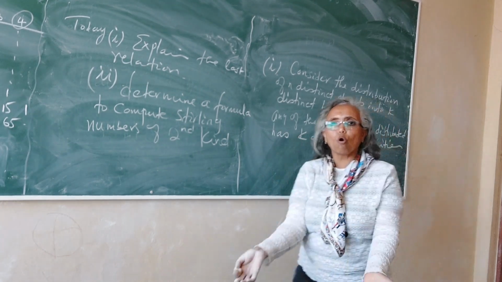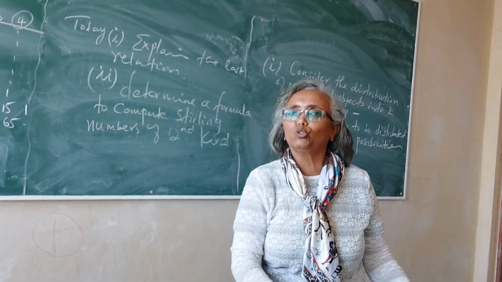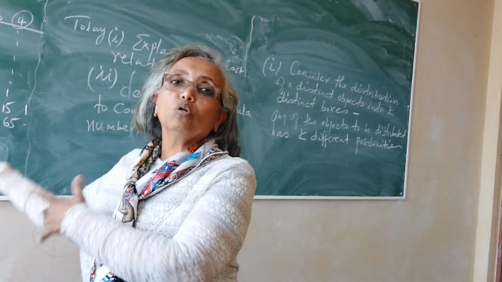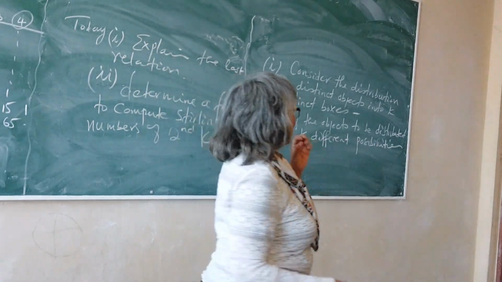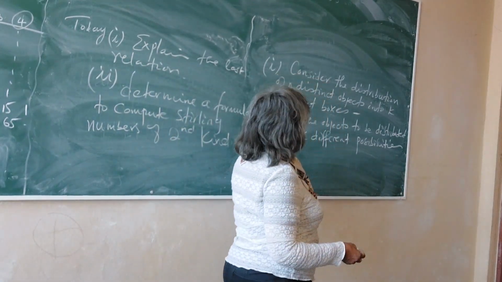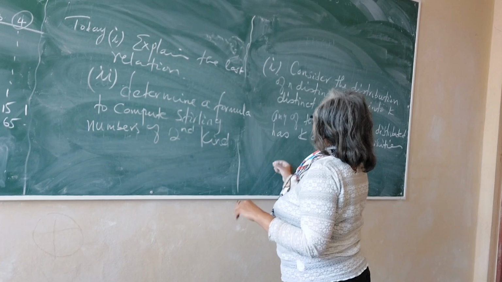Okay, to be thrown in box 1, box 2, box 3, or box k. So each of these objects has k possibilities.